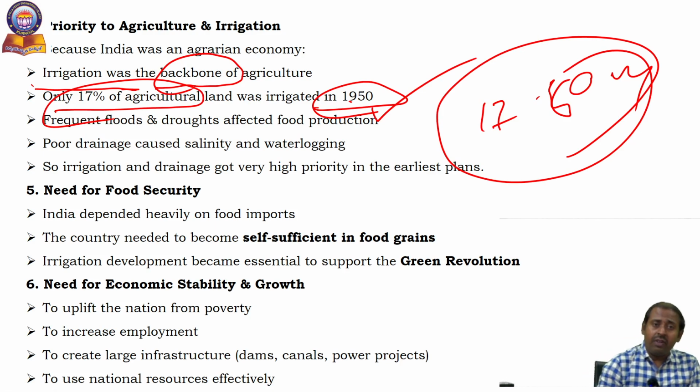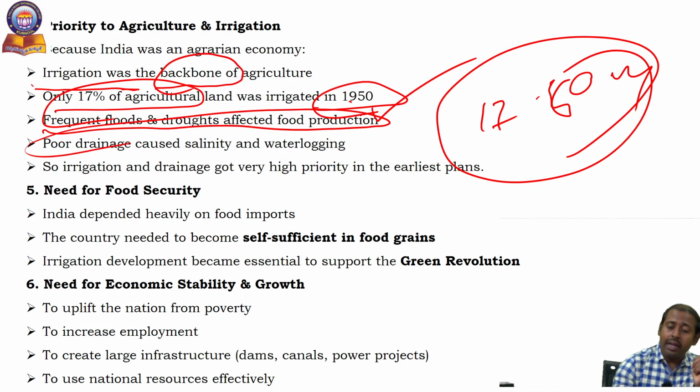We have to stop the frequent floods, and droughts that affect food production, we have to decrease. And poor drainage caused salinity and waterlogging. I have already discussed what drainage is: removing the excess water. Whenever water stagnation is present in the field, we cannot develop the agricultural field.